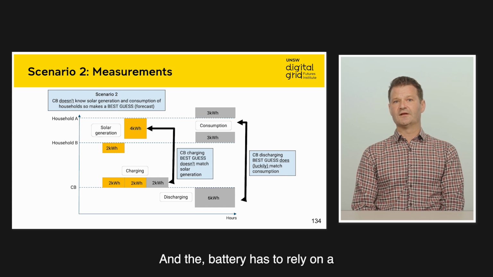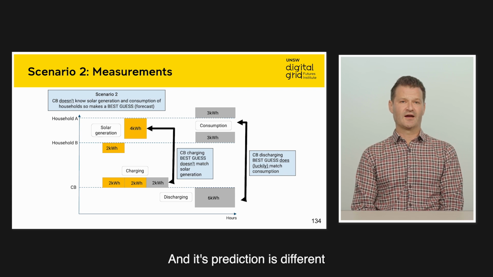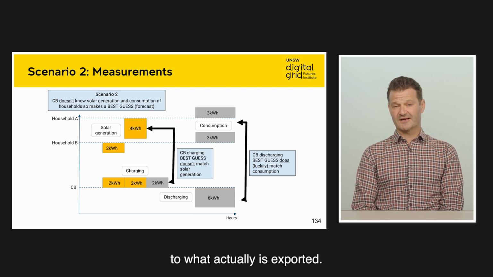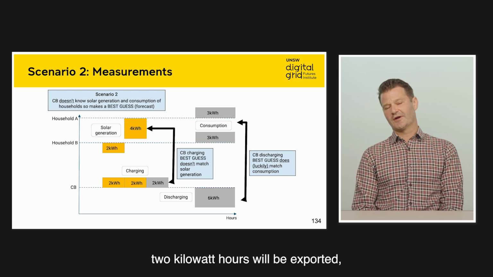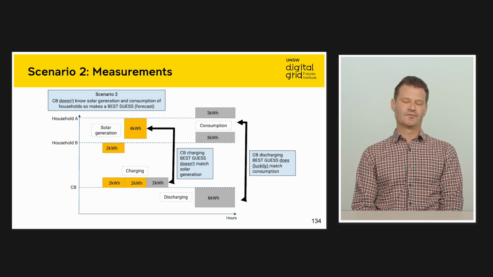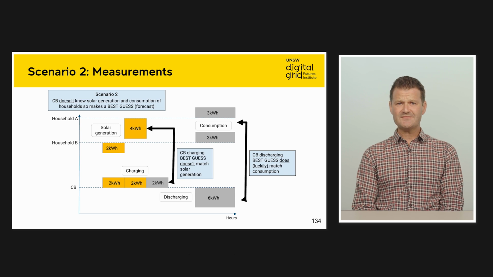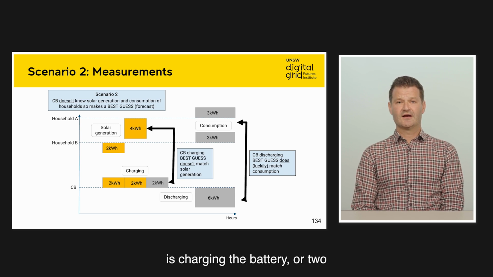The community battery has to rely on a prediction of what the solar PV export will be from these homes. Its prediction is different to what is actually exported, and it's predicted that a total of 2 kilowatt hours will be exported from 12 p.m. till 3 p.m. approximately.